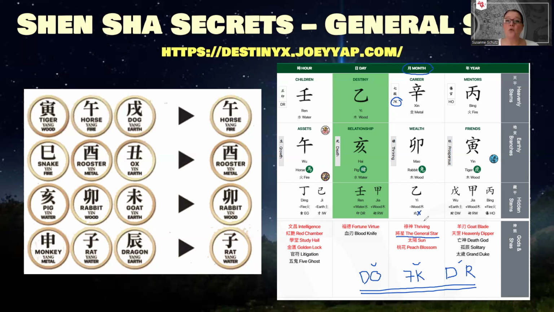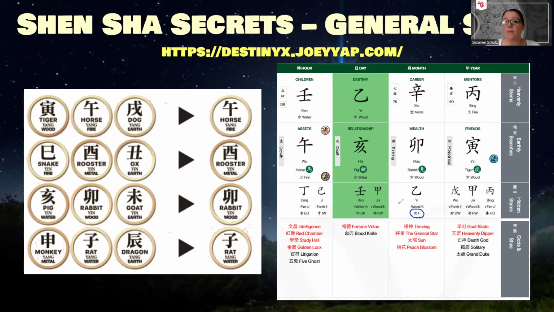If you have either the direct officer or the 7 killings or the direct resource, or maybe several of them, two of them, paired with the general star, only then is the general star effective. It has to be one or more out of these three. In this particular case, you will see that there's only one 10 god in the hidden stems.